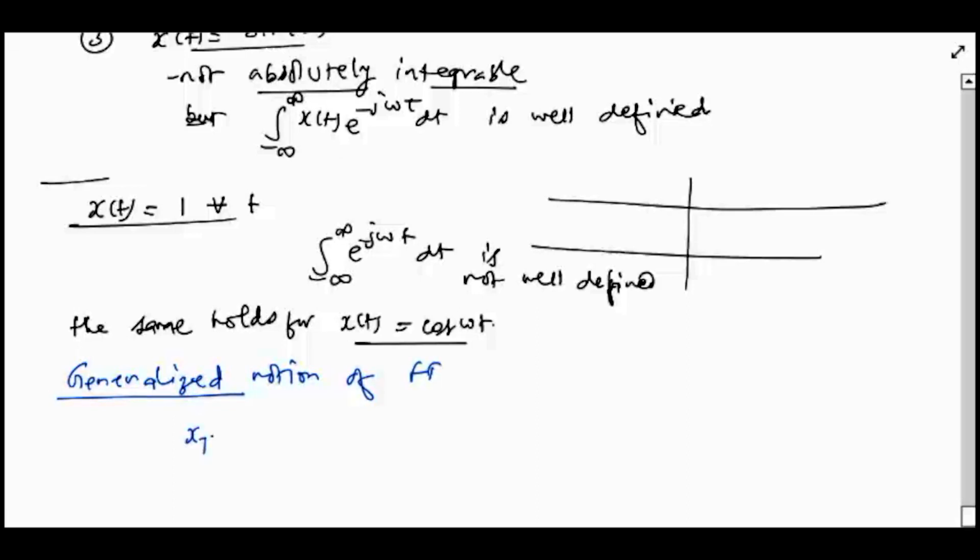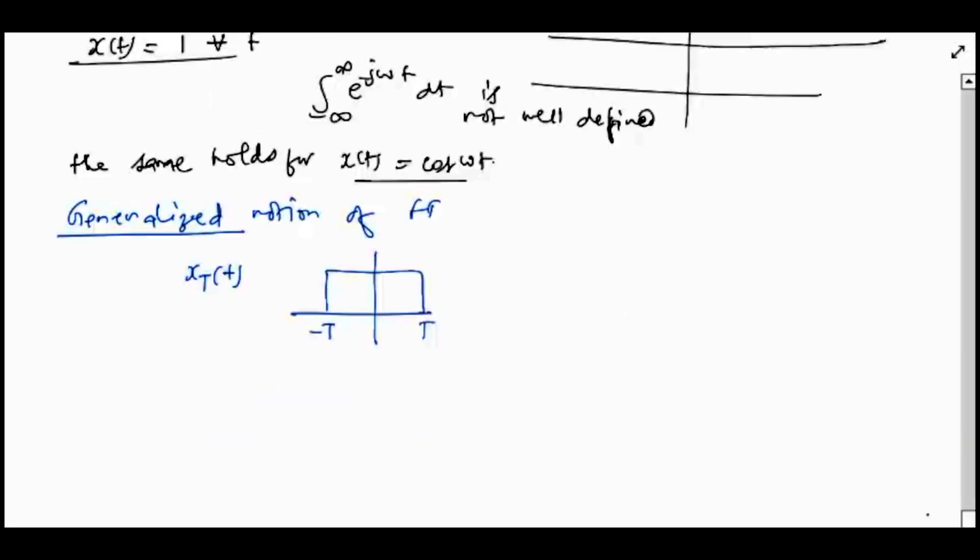Let us recall the signal x_T(t) just mentioned above. It's 1 from minus T to T and 0 everywhere else. Recall that its Fourier transform is 2T sinc(T omega / pi). Let's call this X_T(omega).